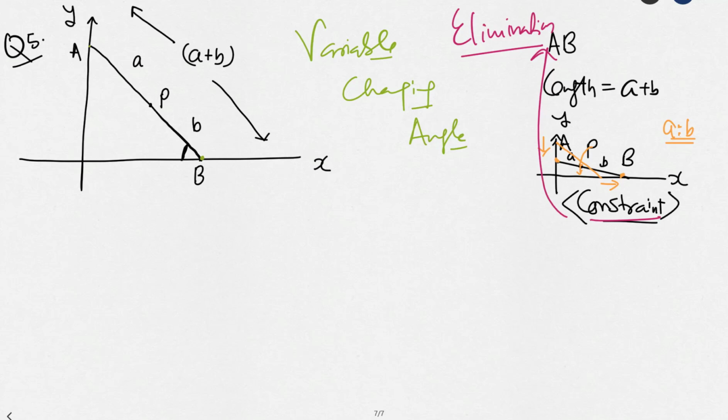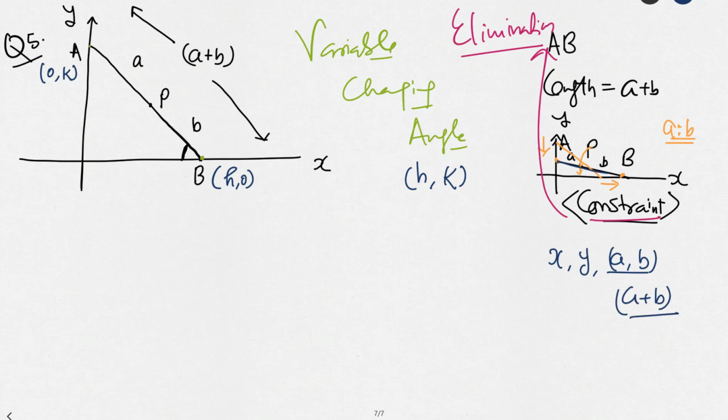Suppose I'm taking A's x coordinate as 0, y as k, and B as h, 0. So these are unknown variables, h and k, which are changing. Finally we have to solve in a way so that the answer will have just x, y and some given constants like a and b. These are constant because a plus b is not changing. The length of the stick, or the length of this segment, is never changing.